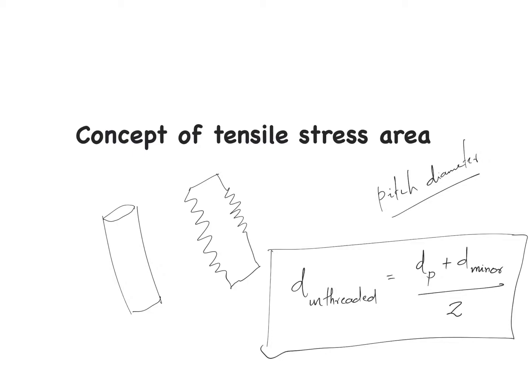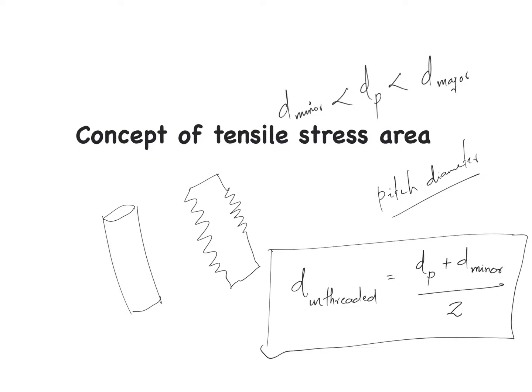So that's why your pitch diameter is well within your minor and major diameters. If I want to put that in some form, I will say dp is less than your major diameter, but it is greater than your minor diameter.